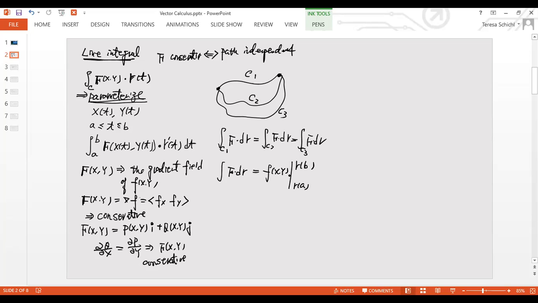It's similar to what we did in Calculus 2. So again, F is a conservative field.